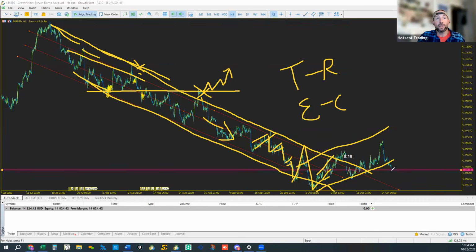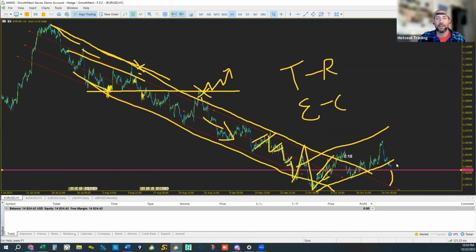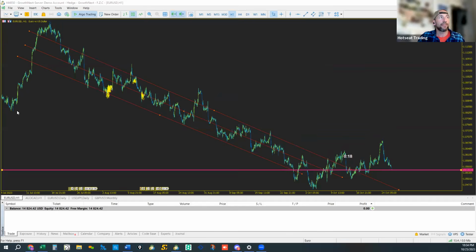Now, could this drop back into the channel 103 pips? Absolutely, because we're not in control of this. And even if we draw the prettiest market structure, it can do whatever it wants. But we have to play the probabilities. And the probabilities could be that this move is over because it's not at the top, it's at the bottom.